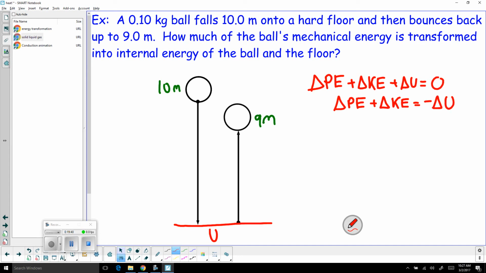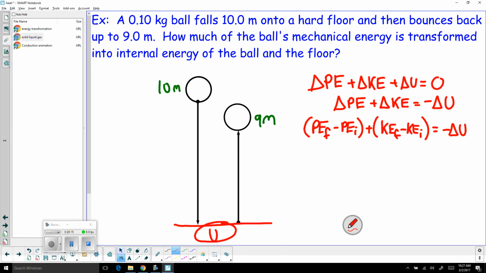Then I'm going to spell out what delta PE and delta KE mean. I'm not going to spell out what the change in internal energy means because there's no way of me knowing how much energy was in the floor to start with. So I'm just going to call it negative delta U. Negative because I subtracted both sides, delta U.